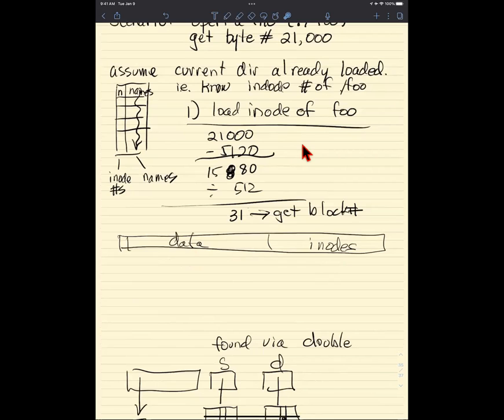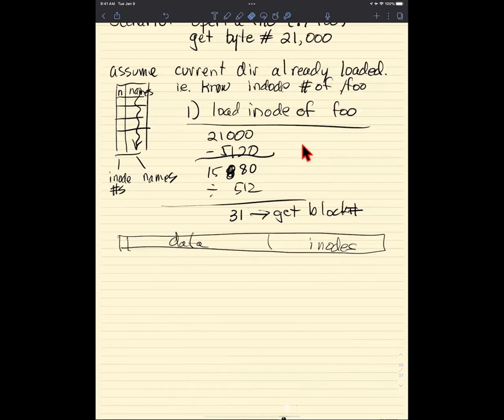Okay, how about another idea? I may have just missed it, but why are you constantly seeking back and forth? Well, because inodes are frequently accessed and data blocks are frequently accessed.